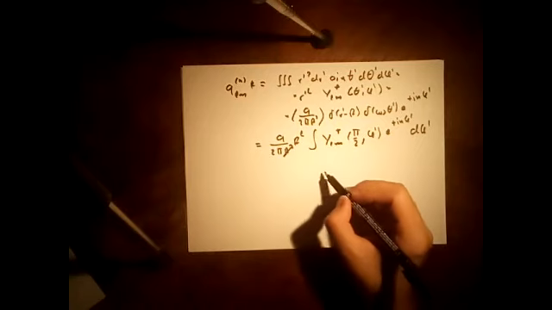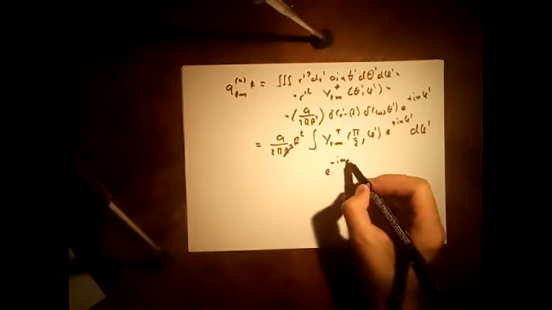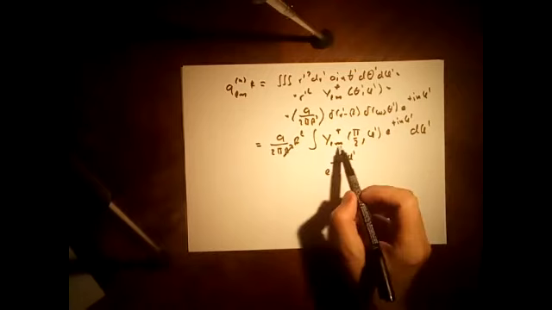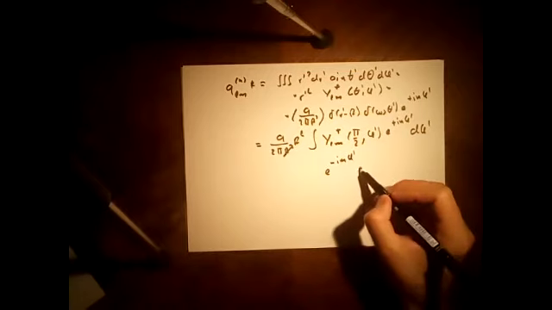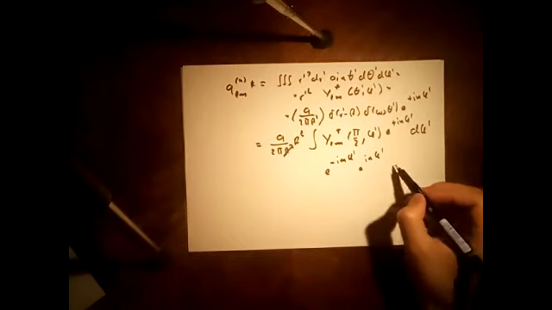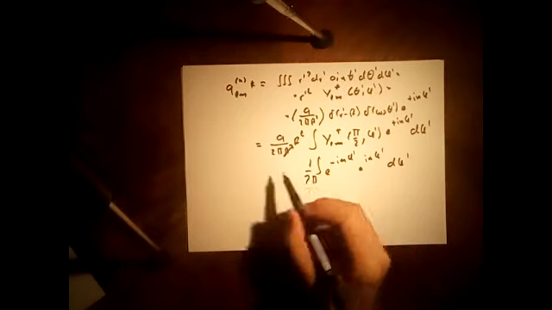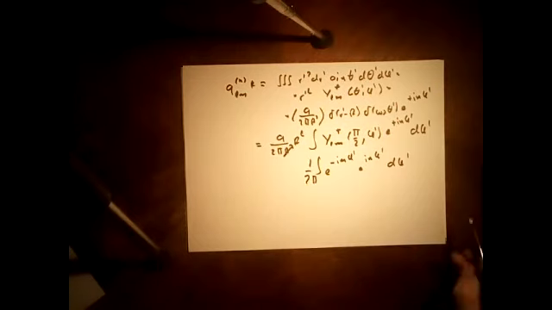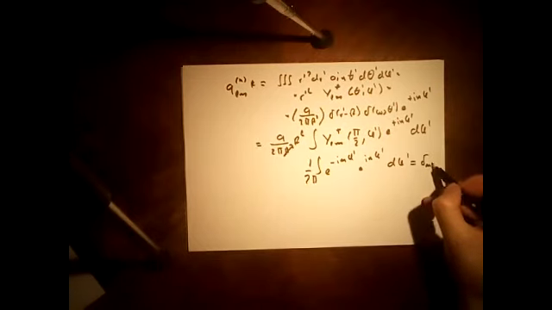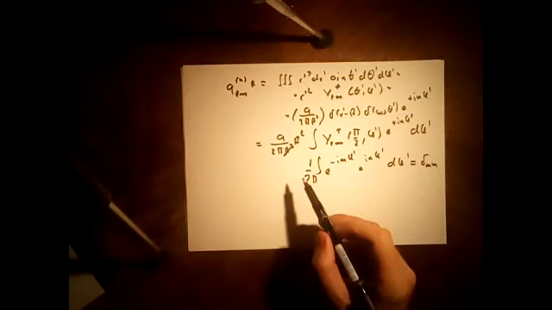Basically, for this Y_lm star, we can extract the phi prime dependence, which is e to the minus i m phi prime for the spherical harmonic. What you're going to have is an e to the i n phi prime d phi prime integral, and if I divide by 2 pi, using the 2 pi that was here, this is none other than a delta function.